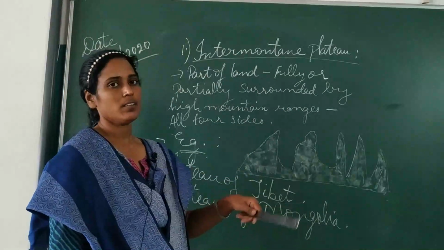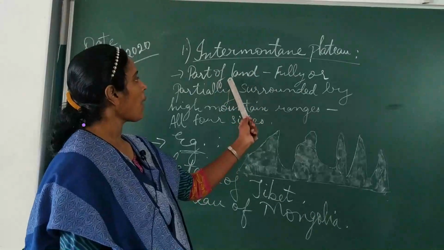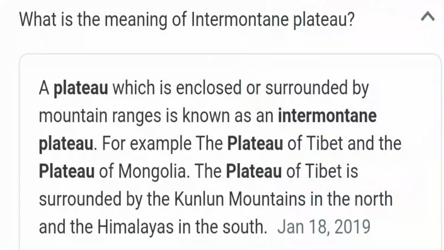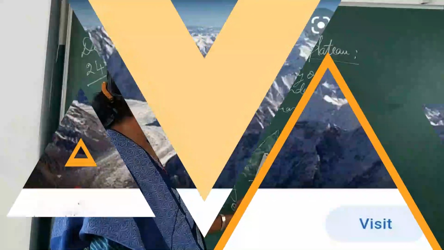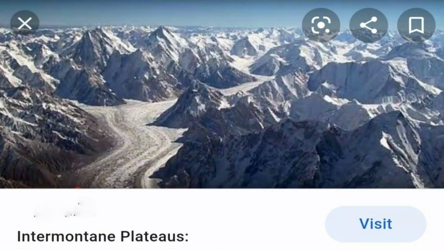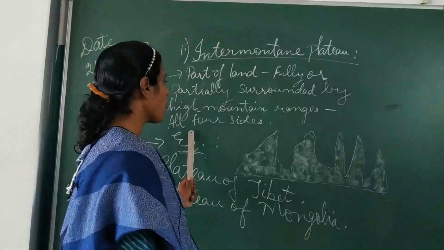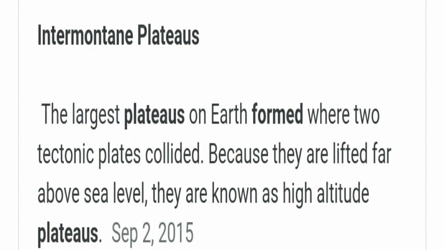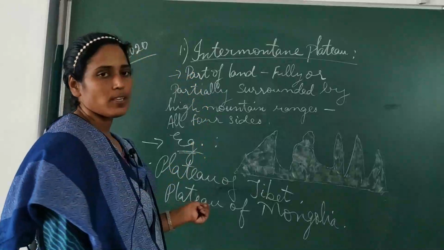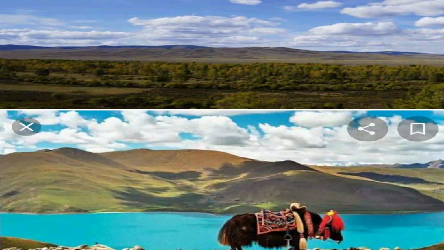Here, students, an intermontane plateau is a part of land area which is fully or partially surrounded by high mountain ranges, from all 4 sides. They are known as intermontane plateaus. Examples are the Plateau of Tibet and the Plateau of Mongolia.